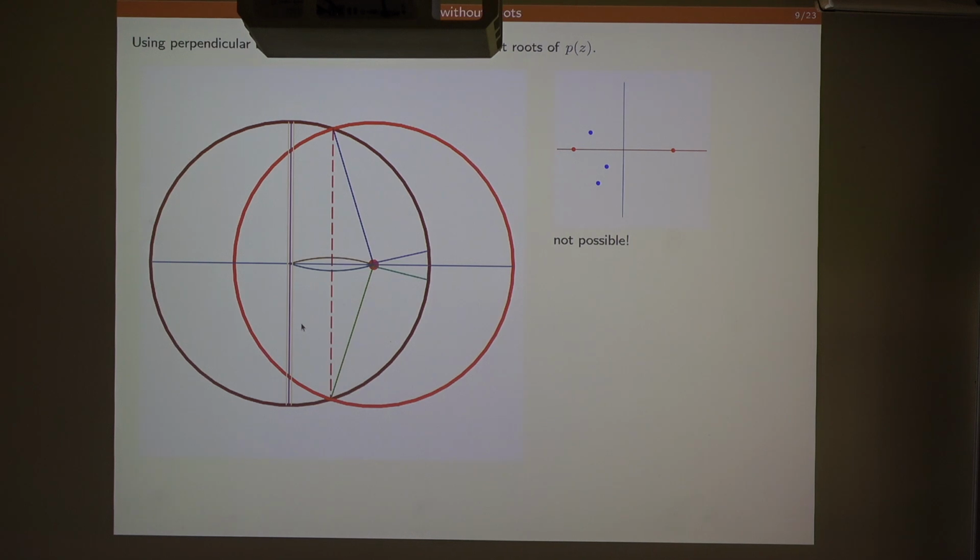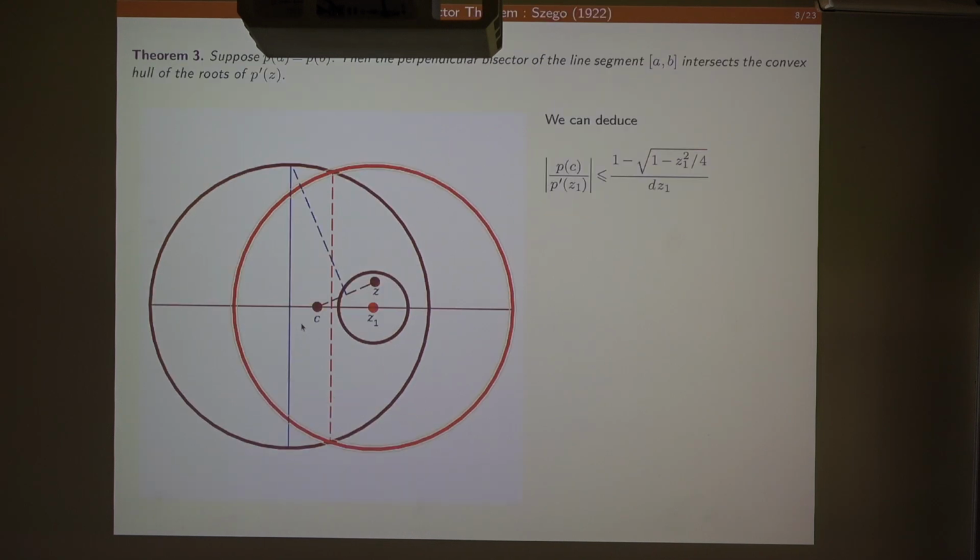I repeat differently. Here you have a root of P. And you consider the line segment between the origin and Z1. Okay?